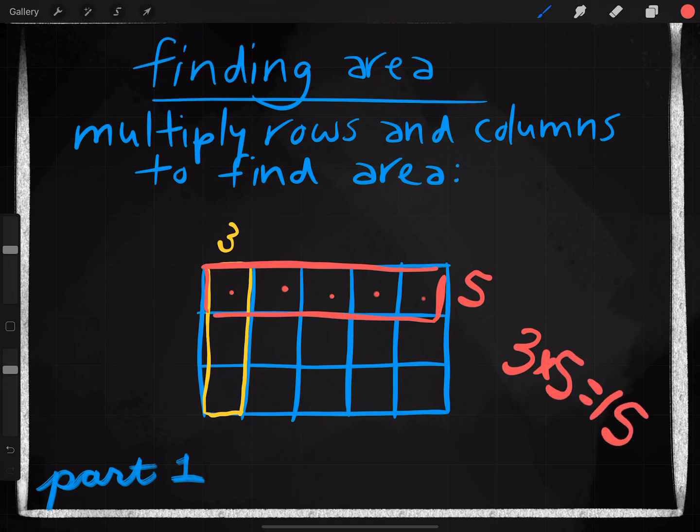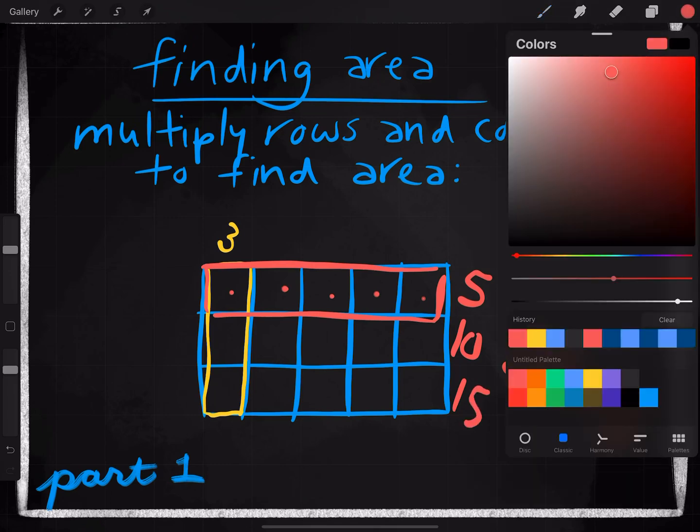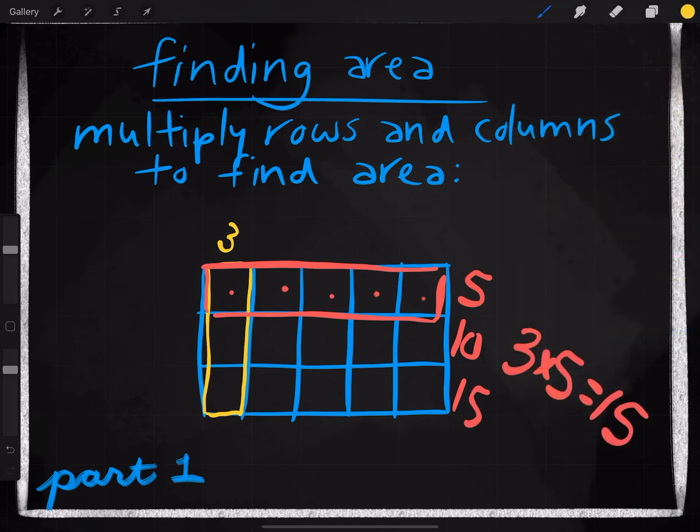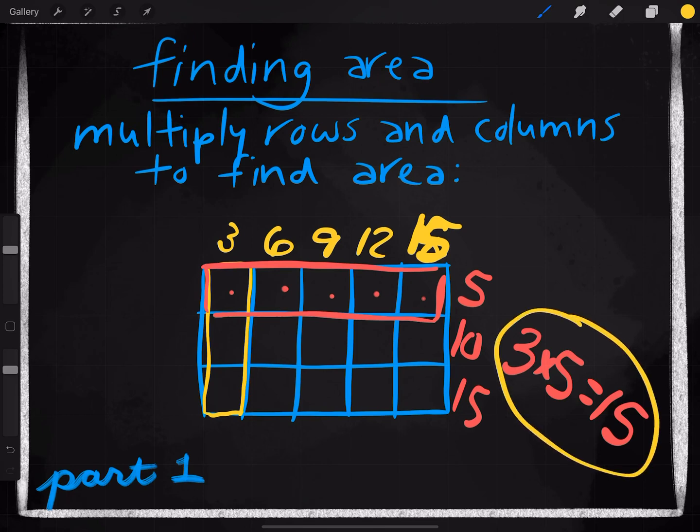So that area is 15. You can also skip count and get the same thing: 5, 10, 15. Or if you skip counted the other direction, you get 3, 6, 9, 12, 15. So either way, you'll get the same answer, but it's a little quicker to count the columns, count the rows, and multiply.